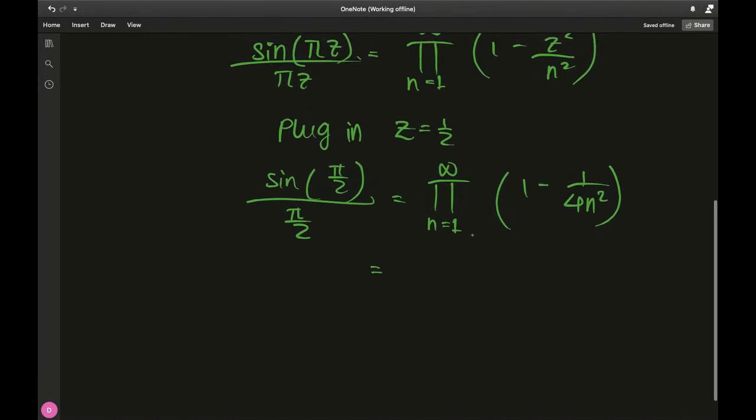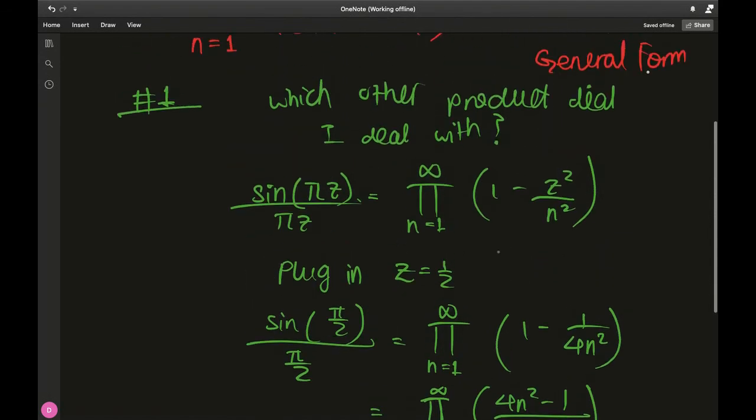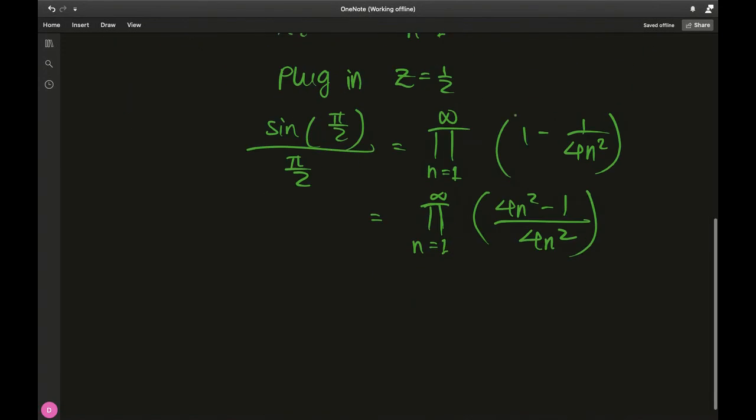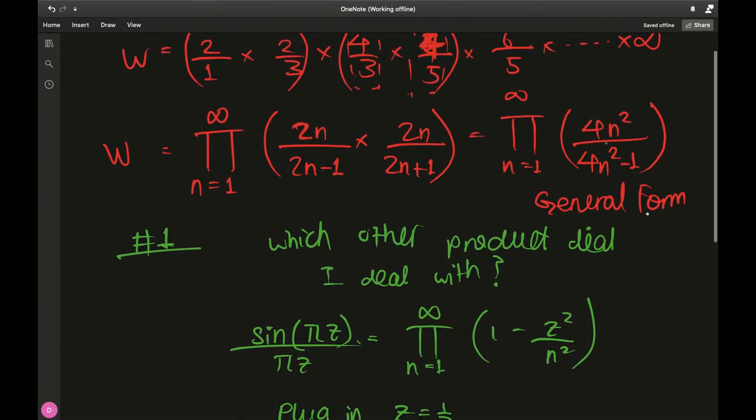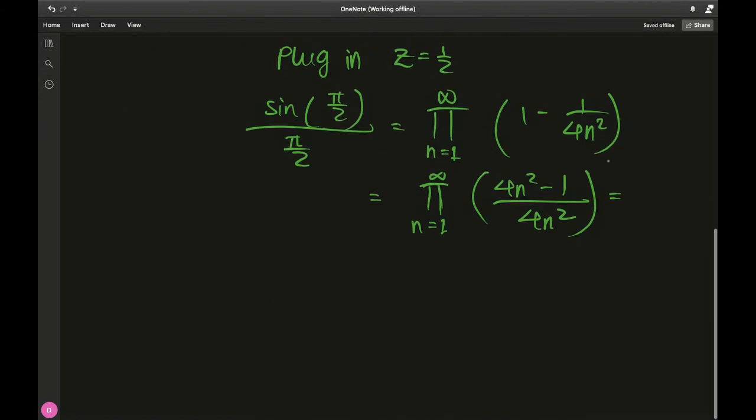Looking at the right hand side, we can also take a common denominator. So we have 4n squared minus 1 divided by 4n squared. And you may say, hey, wait, that is just the reciprocal of the Wallis product, isn't it? Just because the denominator and the numerator are interchanged.